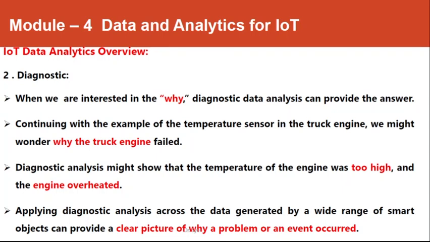Continuing with the example of the temperature sensor in the truck engine, we might wonder why the truck engine failed. Diagnostic analysis might show that the temperature of the engine was too high and the engine was overheated. Applying diagnostic analysis across the data generated by a wide range of smart objects can provide a clear picture of why a problem or event occurred.